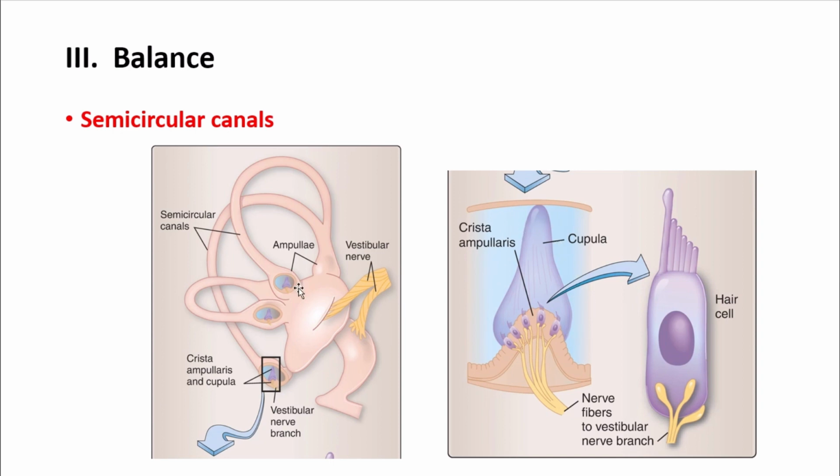You can see the microvilli or stereocilia embedded in the cupula. Then the hair cells are connected to the nerve, and any time there is a change here, the nerve senses it and sends it to the brainstem.